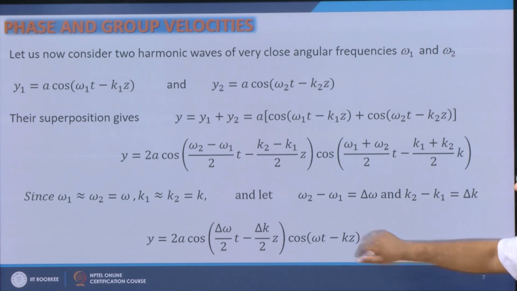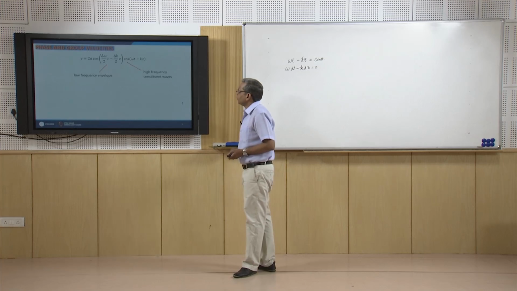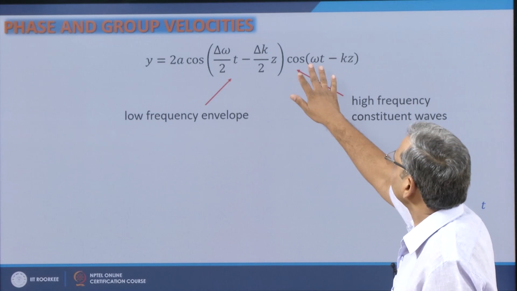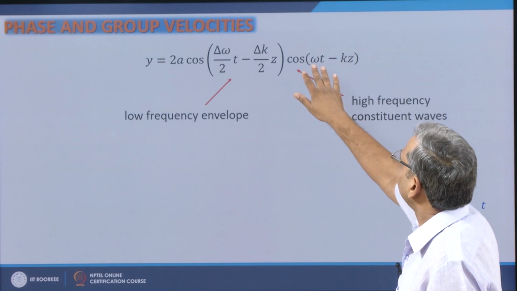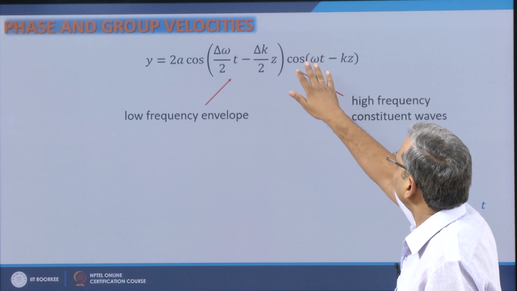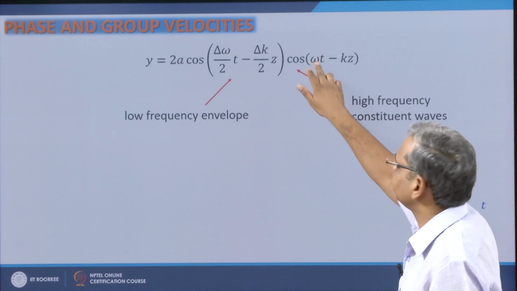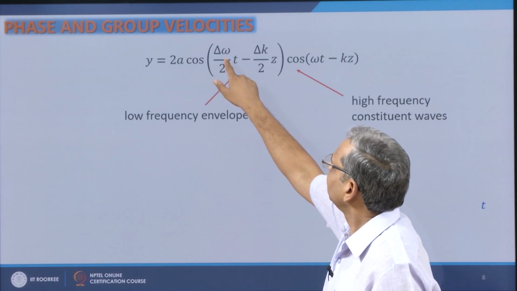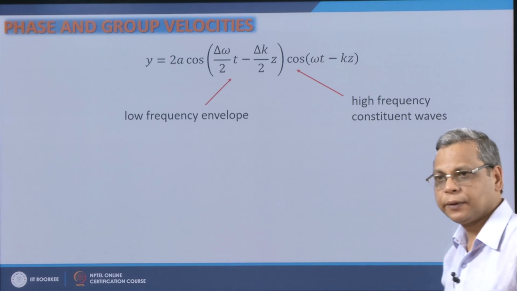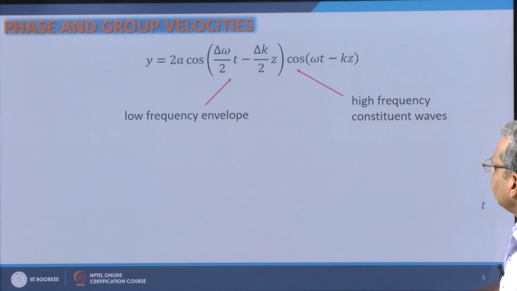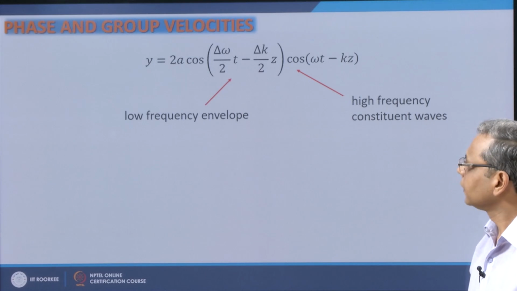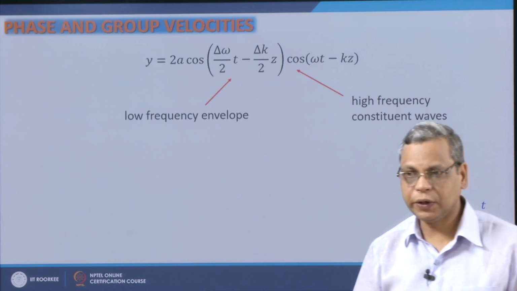Now, let us examine this. This is nothing but a term which contains a frequency omega, while this term contains a very small frequency delta omega. So, this is nothing but high frequency constituent waves, and this is the envelope which is low frequency.